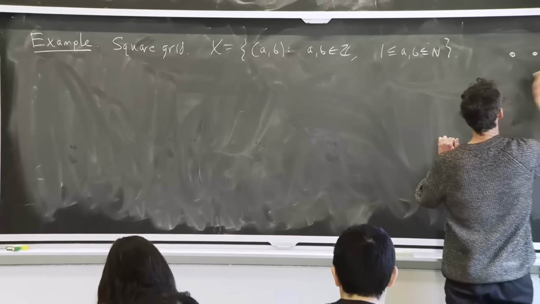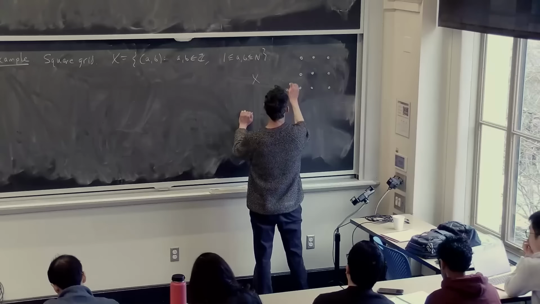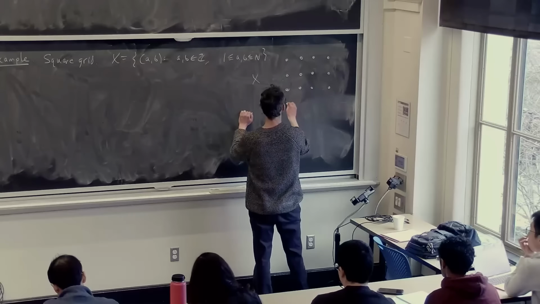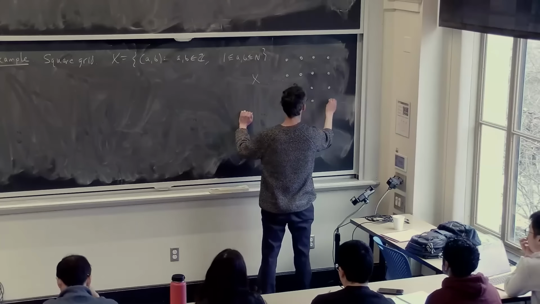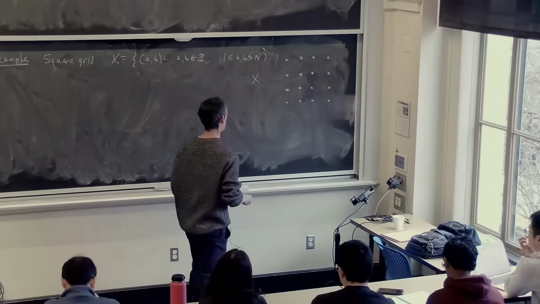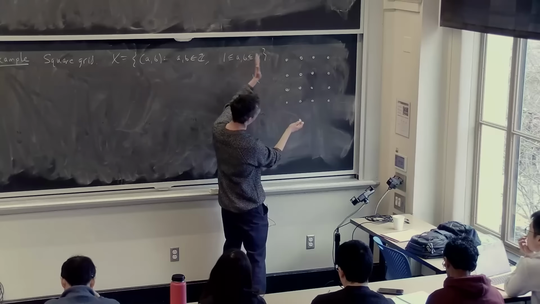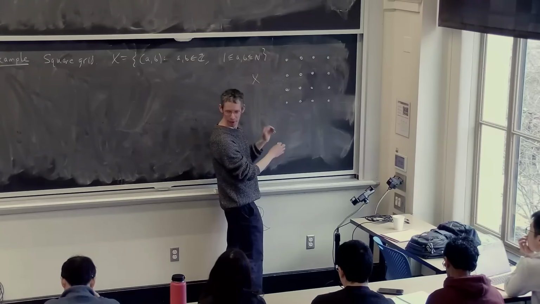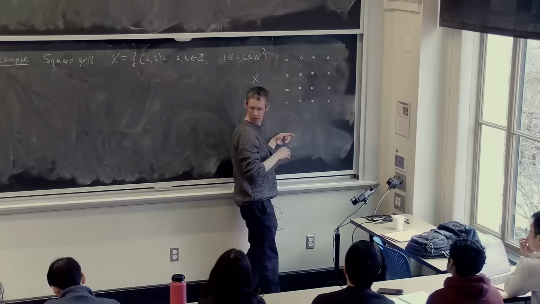Let me make it a little bit bigger. X has n squared points, 16 points in my picture. If I project it down, I only get 4 points. If I project it to the side, I only get 4 points.